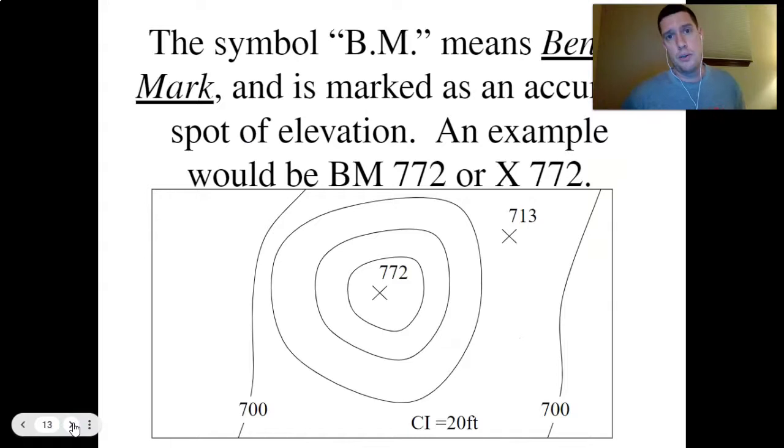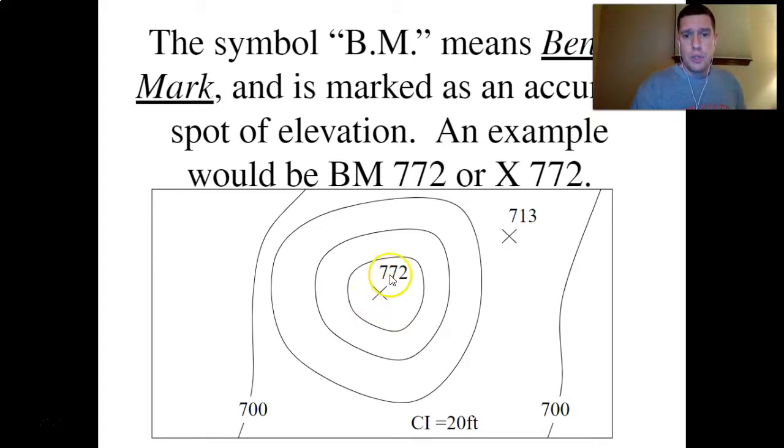Now, here's that benchmark I was telling you about. A benchmark is something important that occurs, but it doesn't occur on a contour line proper. Like right here, this tells us that the very top of this hill is at 772, and it marks it with this X. It's called a benchmark.